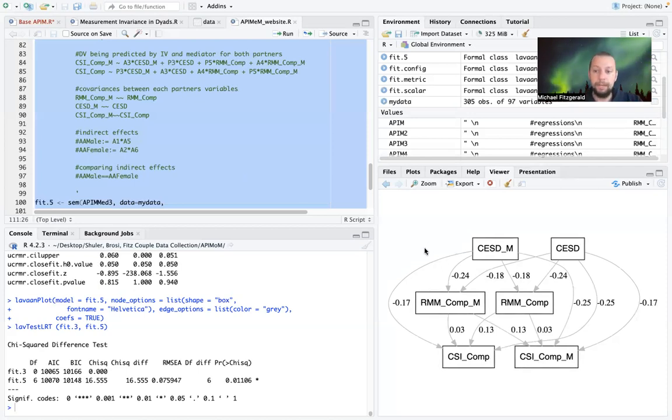So hopefully this video was helpful in allowing you to not only understand the basic estimation of the actor-partner interdependence mediational model, but also take you a little bit deeper into some more advanced topics. And you can see some of the problems that can arise in our structural equation models when we have a misspecified model. So thanks very much for watching.